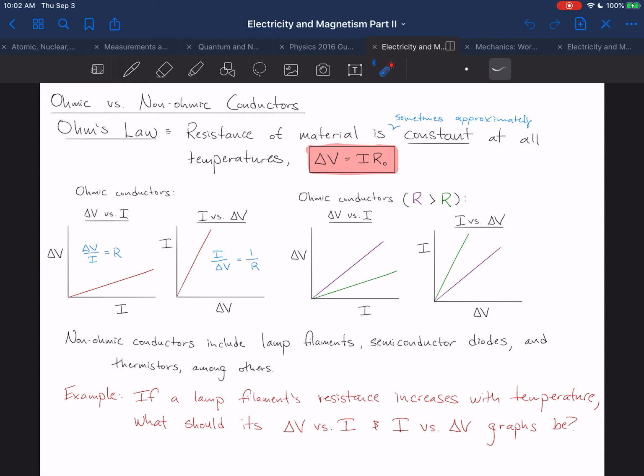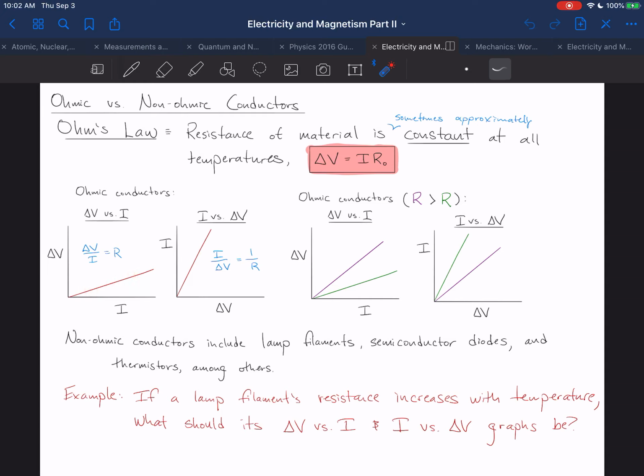And that is equivalent for an ohmic conductor. We've got to be a little bit careful. That ratio corresponds to the value of the slope at the point being equal to R. It's important to recognize that delta V divided by I is not delta V divided by delta I. So it's not actually the gradient, but it does correspond to the gradient for ohmic conductors.